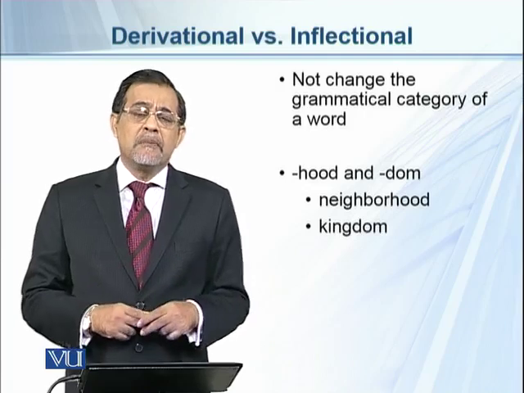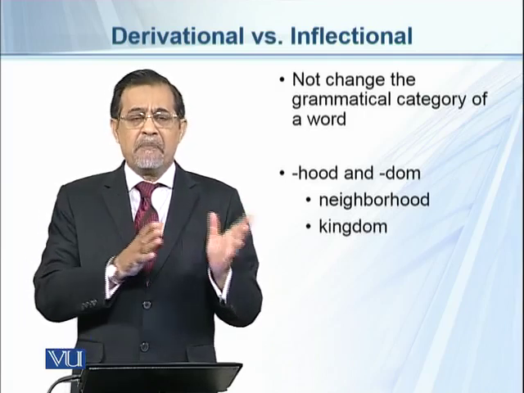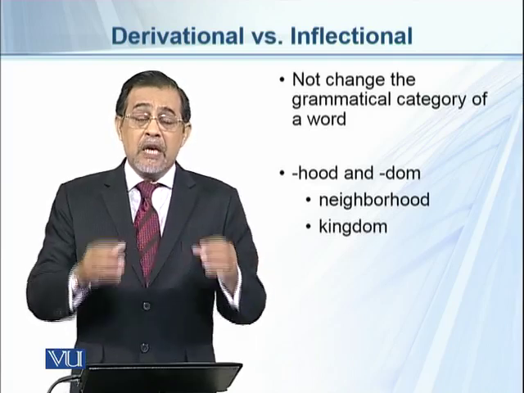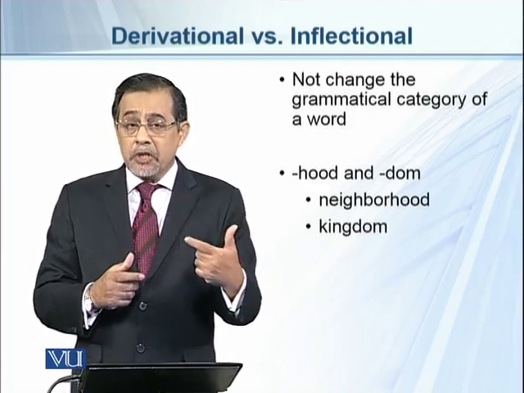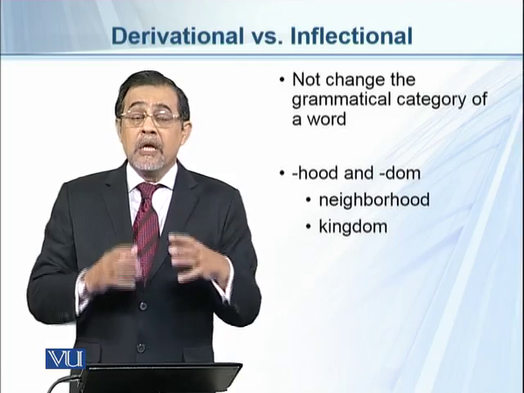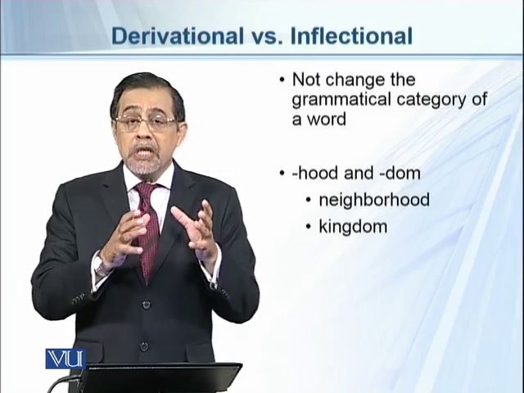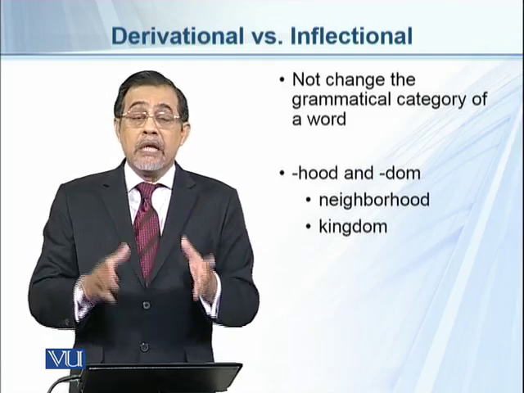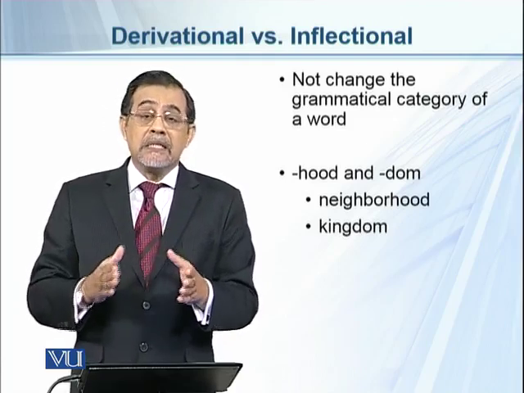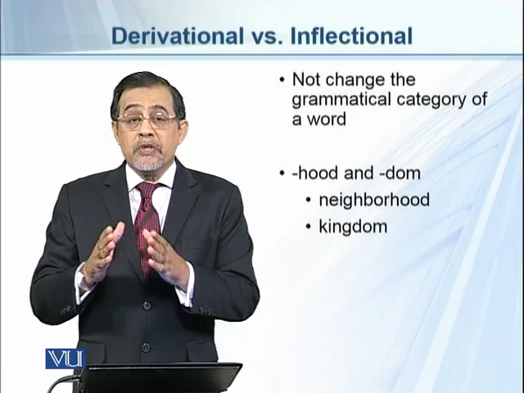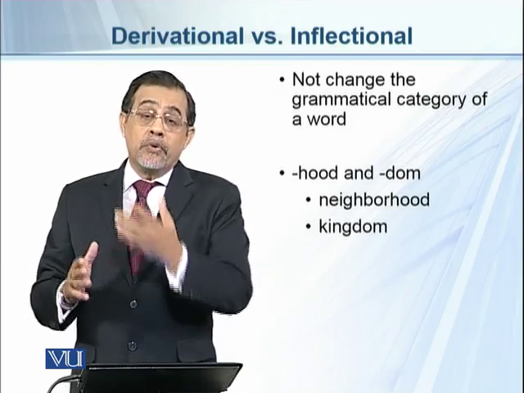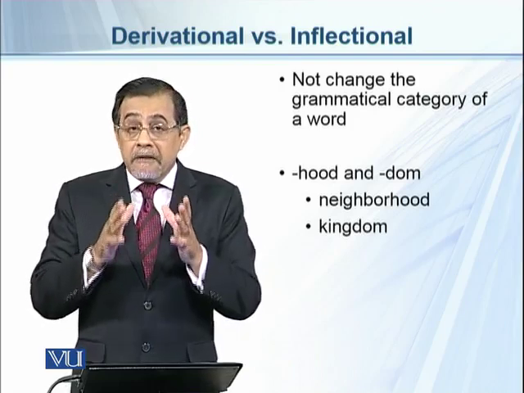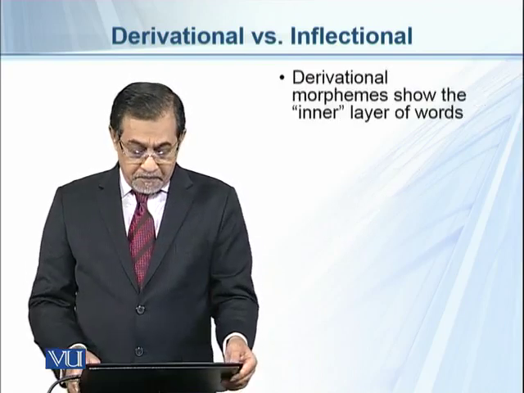So these are some examples showing that there are prefixes which are derivational in their essence, and which do not change the class or category of the word. And similarly, there are some suffixes which also do not change the class of the word, although they are derivational morphemes.